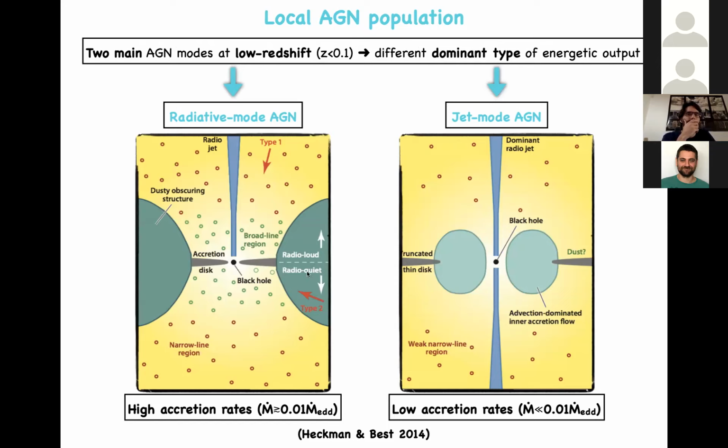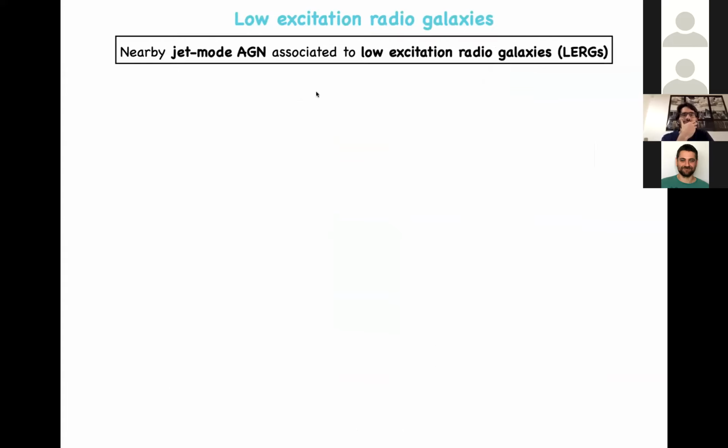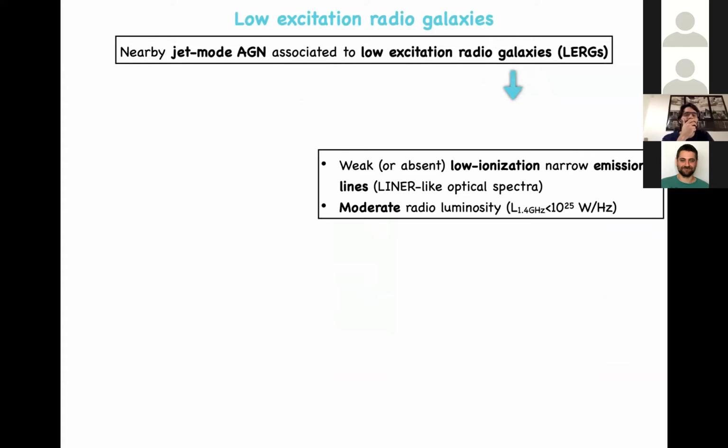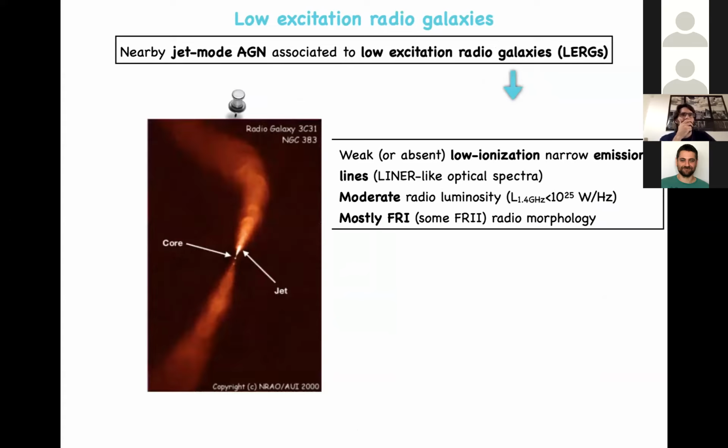In jet mode AGN, the accretion occurs at low rates, and the dominant type of feedback is in kinetic form through the radio jets. I will focus on this second AGN category, which in the local universe is typically associated with low excitation radio galaxies, a class of objects characterized by weak, low ionization narrow emission lines in their optical spectra, moderate radio luminosities, and mostly FR I radio morphologies, such as the prototypical 3C 31 shown in this map.